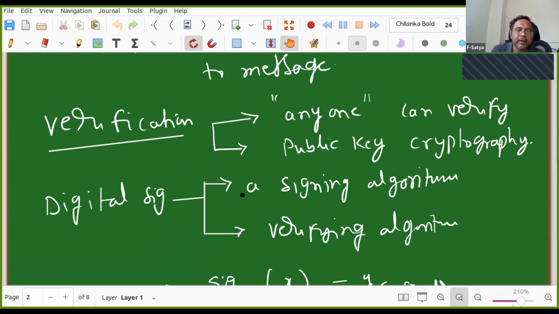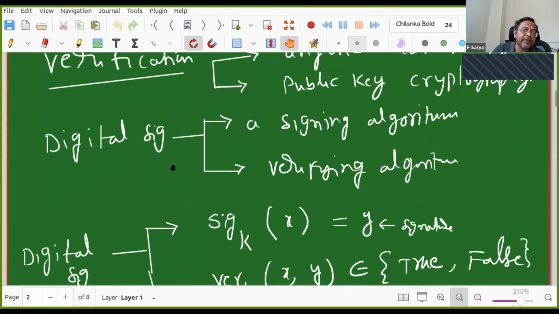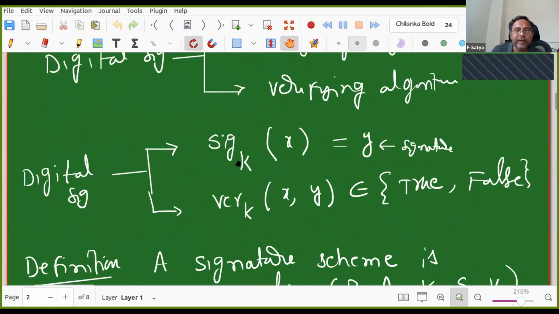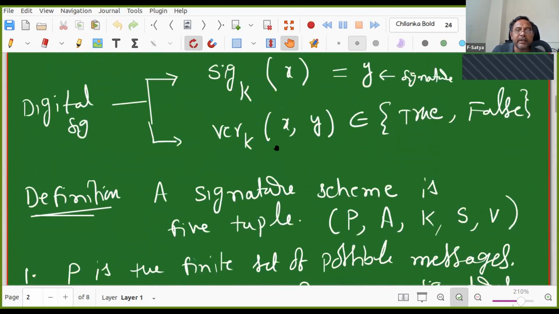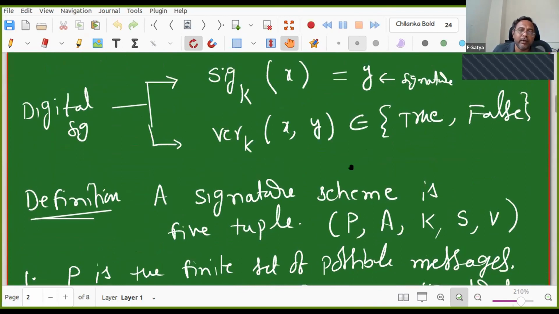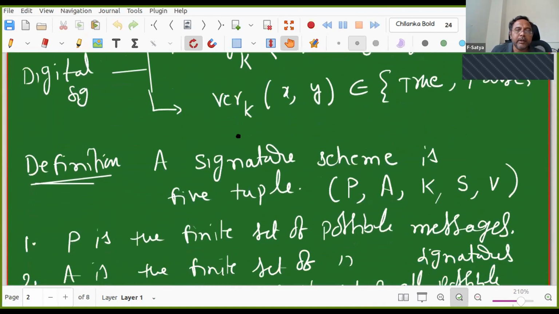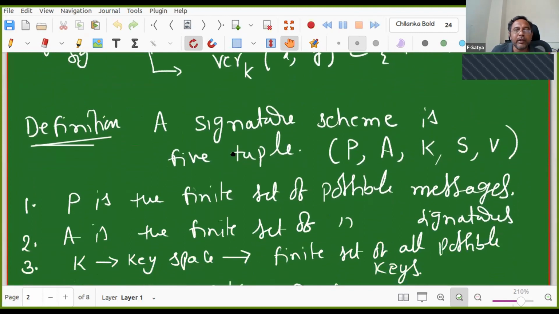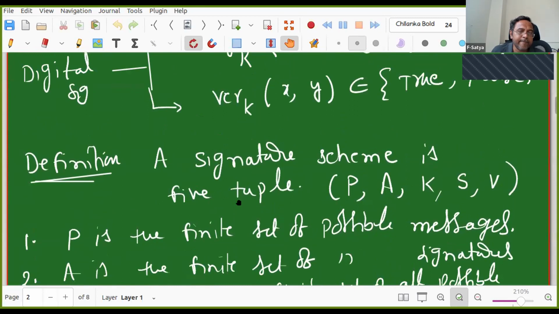A digital signature has two algorithms: a signing algorithm and a verifying algorithm. The signing algorithm takes a message as input and gives the signature as output. The verification algorithm takes the message as well as the signature and gives output true or false only. I'll give a small break here for a few seconds. Any questions you can ask me.